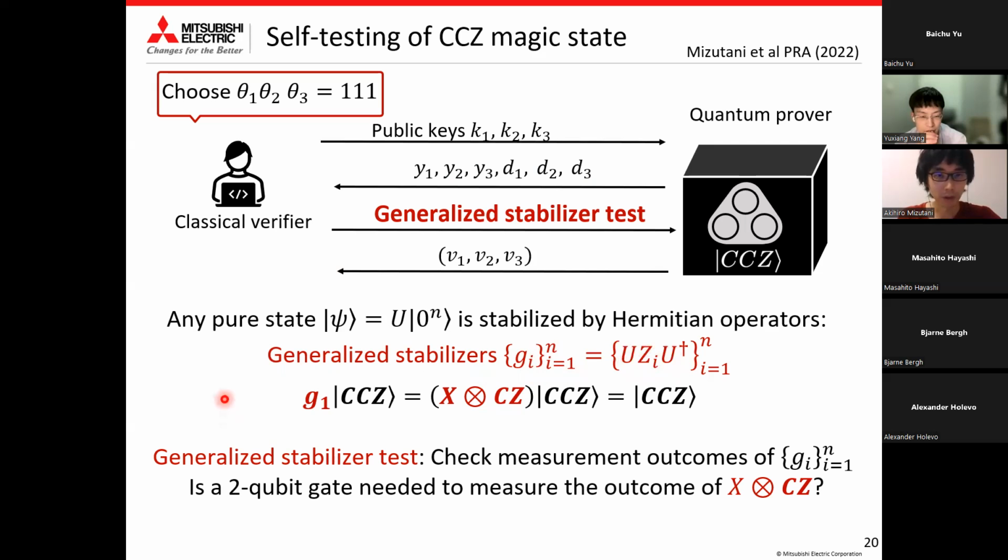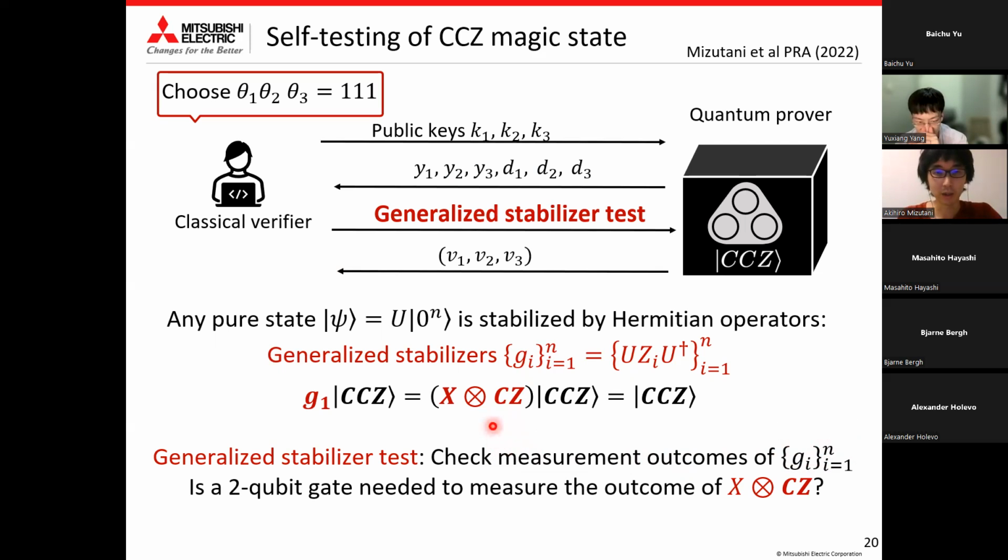Specifically, the generalized stabilizers of the CCZ magic state are G1, G2 and G3, and G1 is written as X tensor CZ. G2 and G3 are similar operators, where the position of X is shifted to the second and third qubit. And the generalized stabilizer test means that the verifier checks the measurement outcomes of these generalized stabilizers.